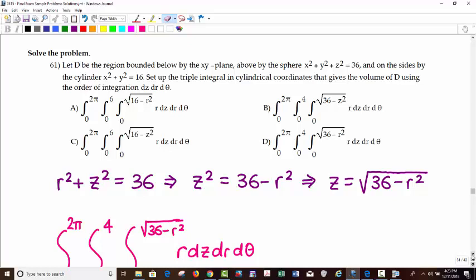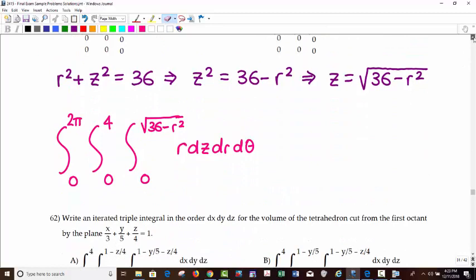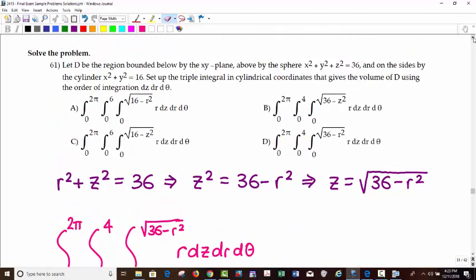So let's see, we got D be the region bounded below by the xy plane and above by the sphere. And then on the sides, we have cylinders. Now this, I should have copied maybe a picture from my notes, but if you go back and look at the notes, we did this kind of problem where it was a cylinder inside of a sphere. So when you're looking downward on it in 2 dimensions, setting up the region of integration, they're both going to be circles on the xy plane.